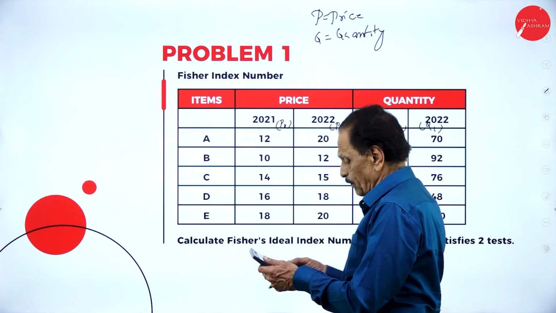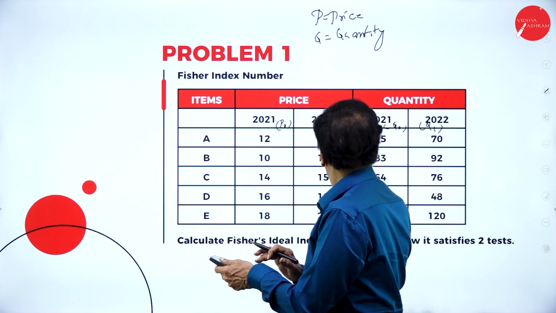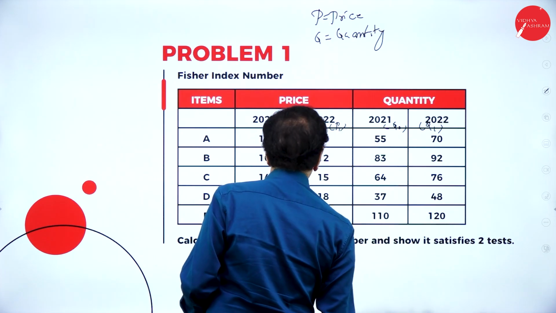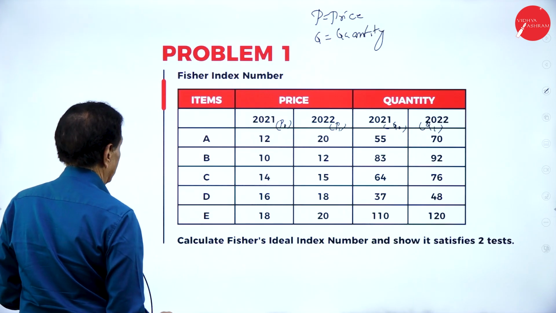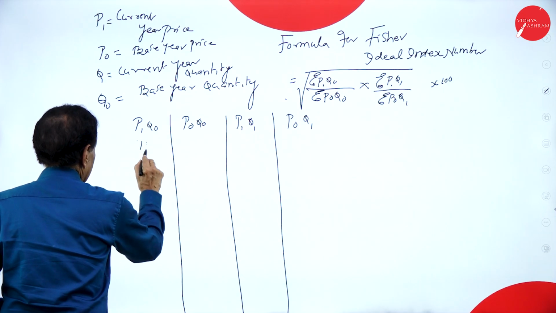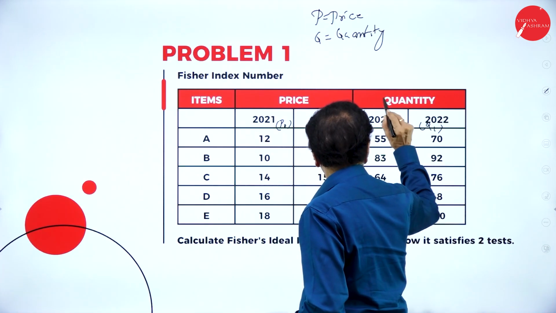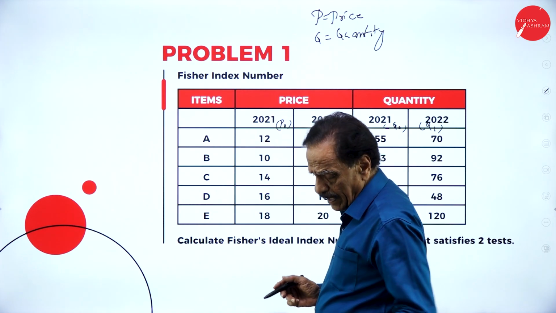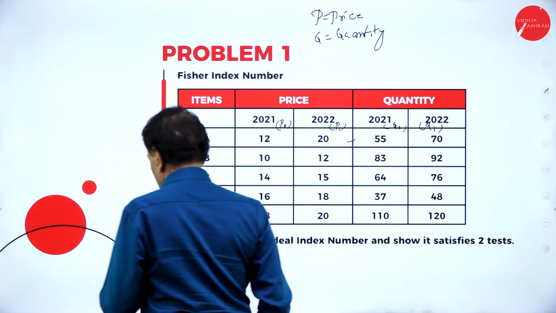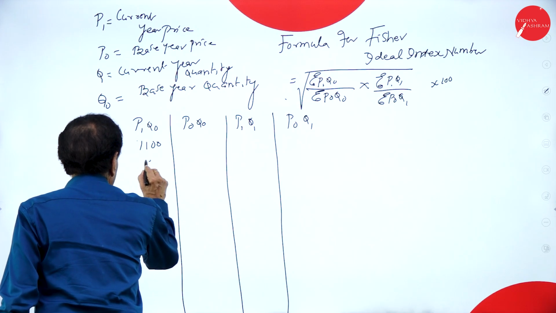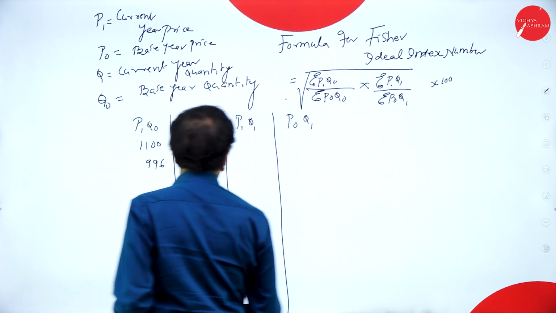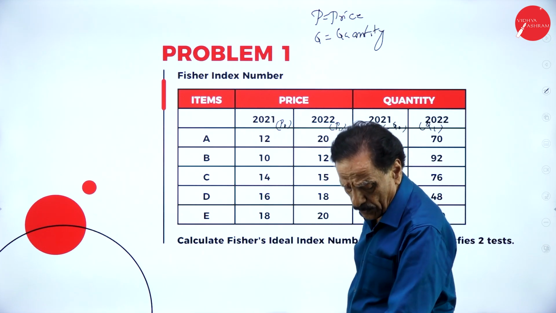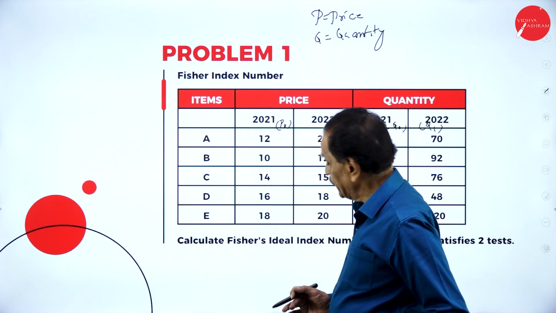This is 20 into 55, 1100. This is over. Then 83 into 12, 996. Next one, 15 into 64, 960.